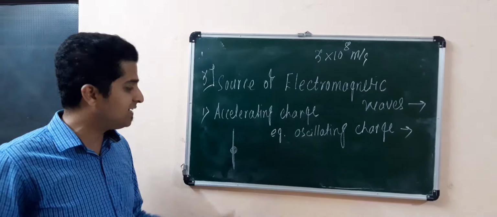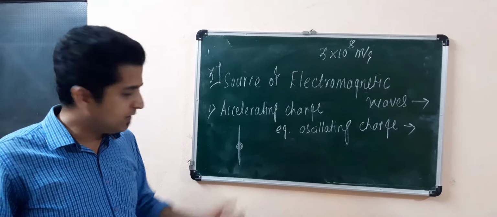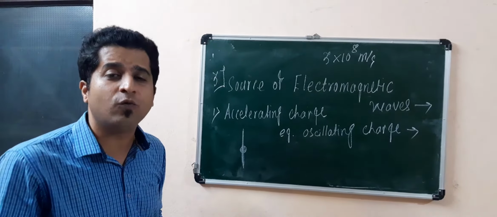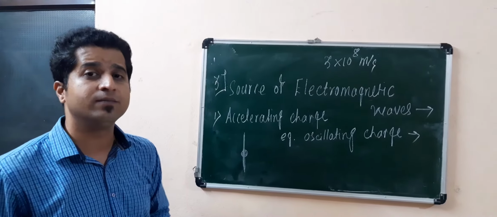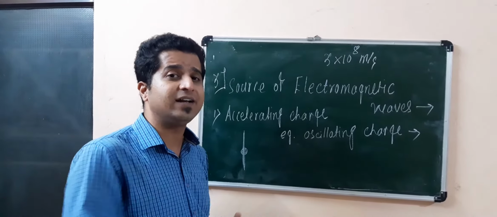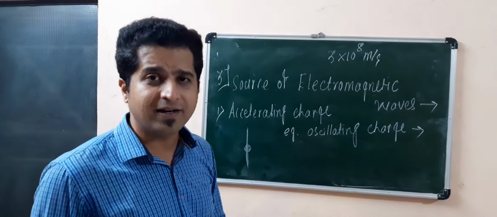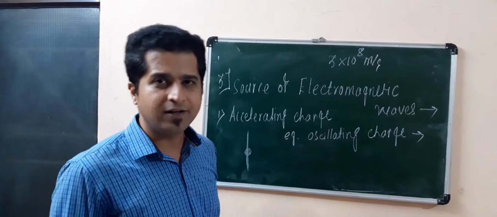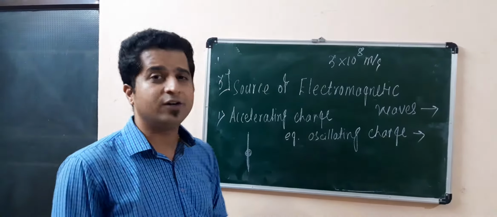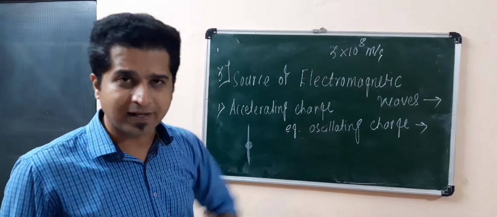That is, when a charge oscillates, the electric field is changing. Due to that changing electric field, it is producing a changing magnetic field. The changing magnetic field in turn produces again a changing electric field, and again that changing electric field produces a changing magnetic field, and so on. It continues. In this way, electromagnetic waves travel or propagate from one point to another point.